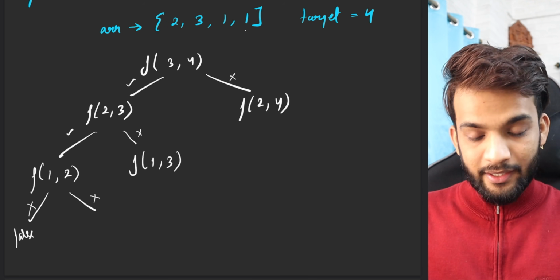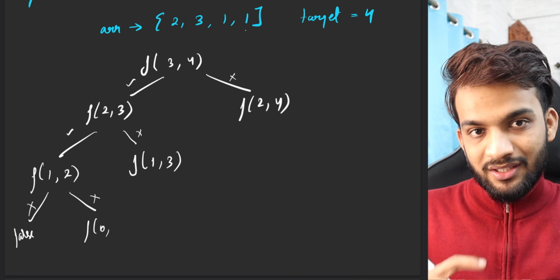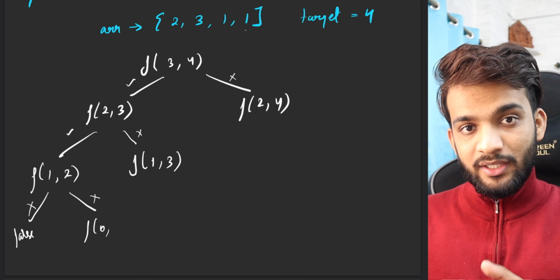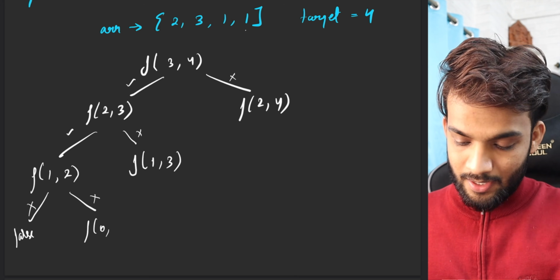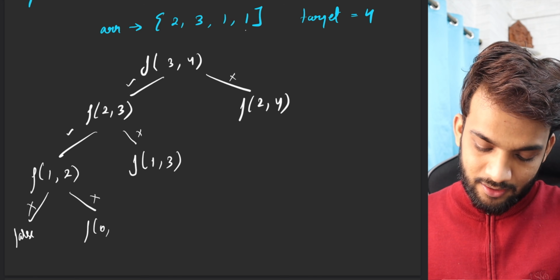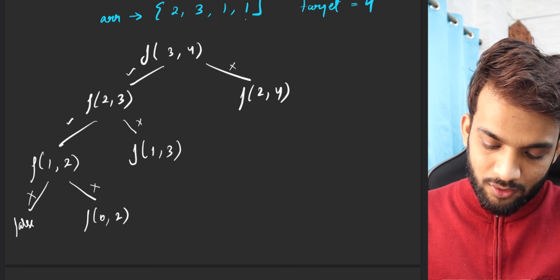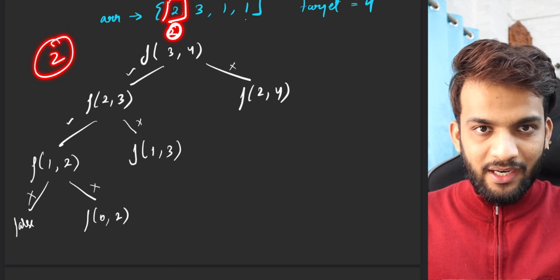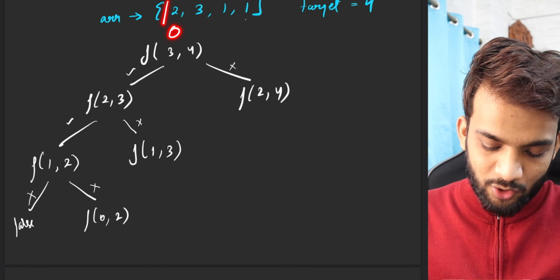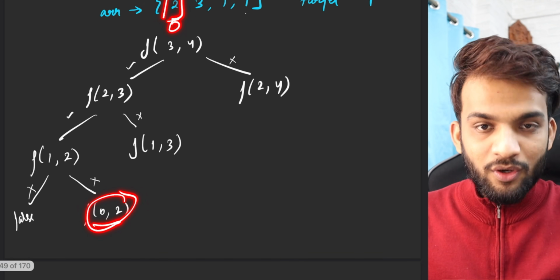I'll say not take. If I don't take, I'll reach the 0th index, and I'll be like, on the 0th index, can I have 2? When you reach the 0th index, you're having a target 2. Is it 2? Yes.